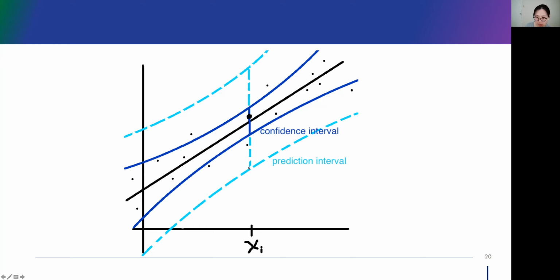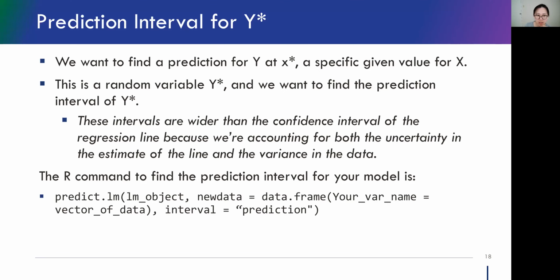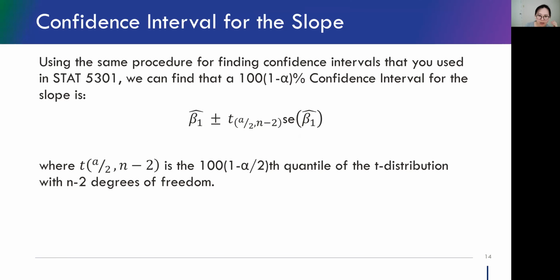Okay, so these are the intervals for the inference part. Now you can tell, without knowing the distribution of this beta, we won't be able to do all these inferences. Including previous hypothesis testing, it's based on a t-distribution, and here again we use this t value.